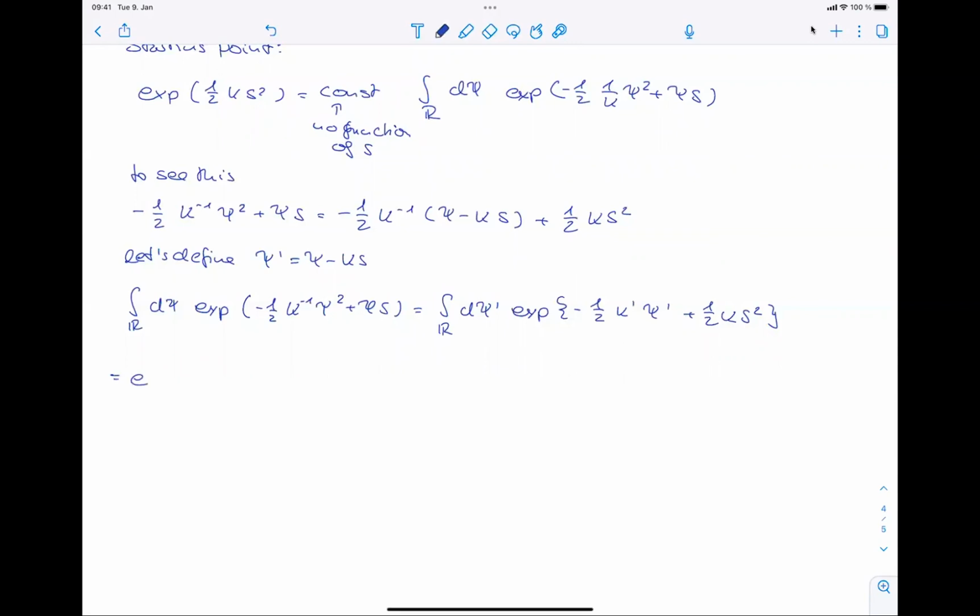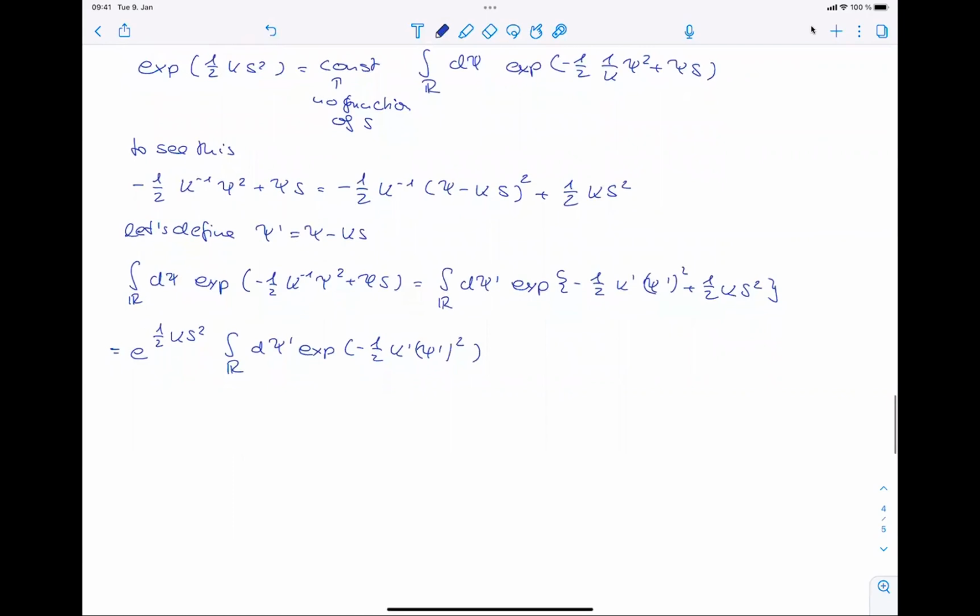So that's e to the power of half k s squared times the integral over psi prime of the exponent of minus a half k inverse psi prime squared.